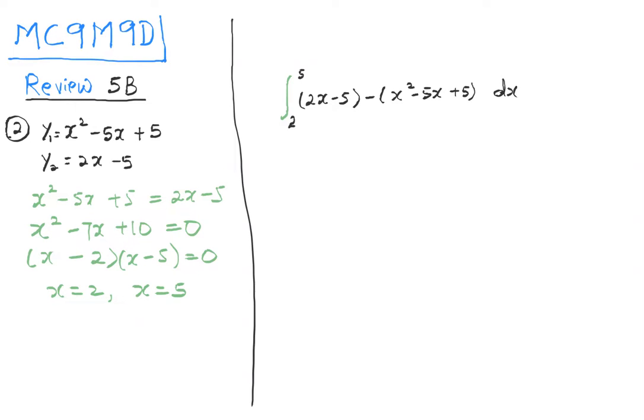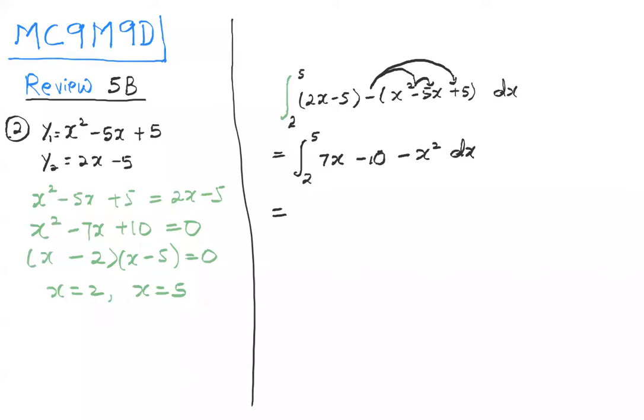So I simplify first before I integrate. So 2x minus 5x, I got 7x. Minus 5 minus another 5, I got minus 10. Then minus x squared dx.